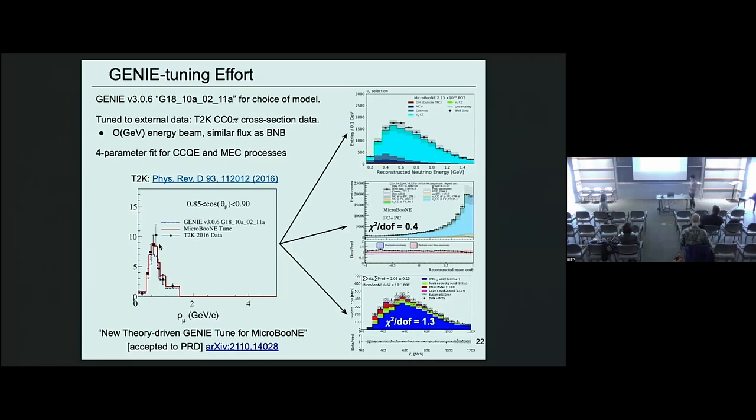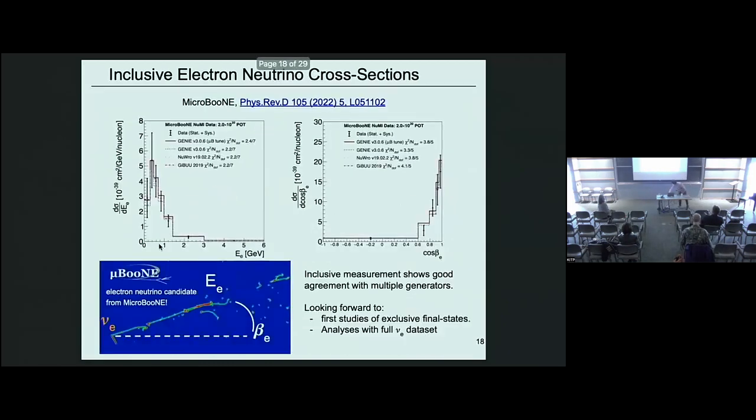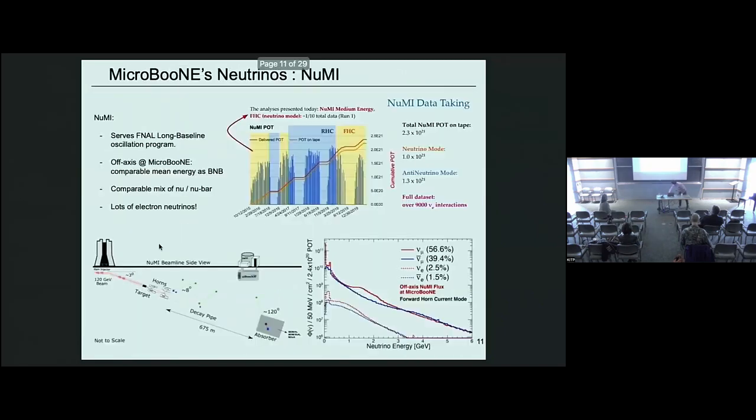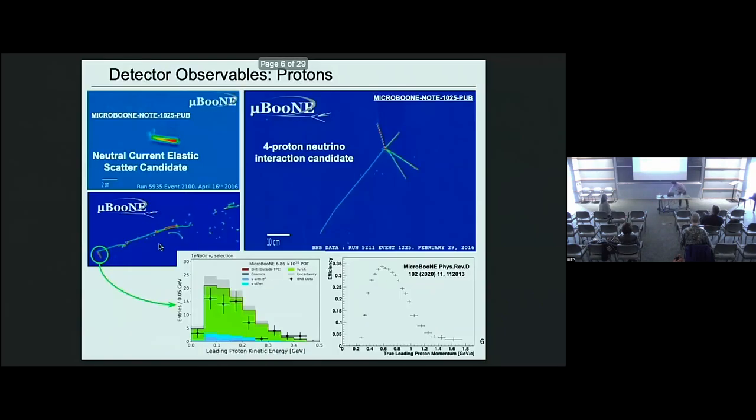Actually, an interesting follow-up. Let me just go to this. Where does that become an issue for us? This is from one of the older analyses looking at final state protons. You see the efficiency for tagging protons rises, of course, as the proton becomes visible, but then it falls back down.